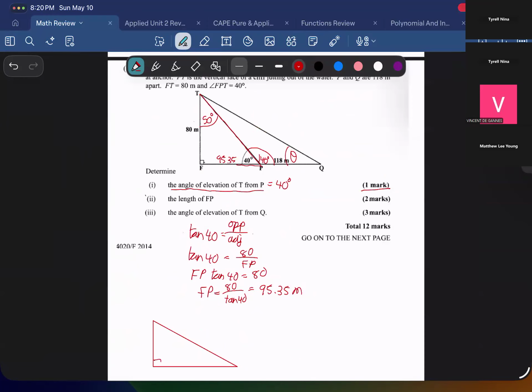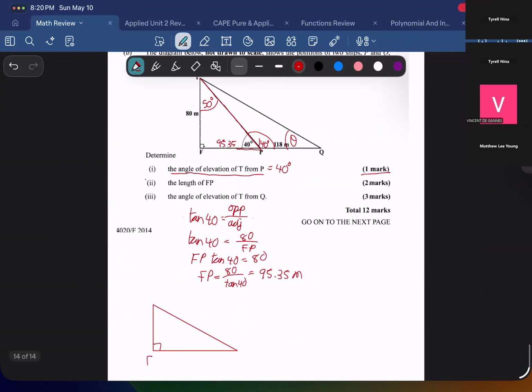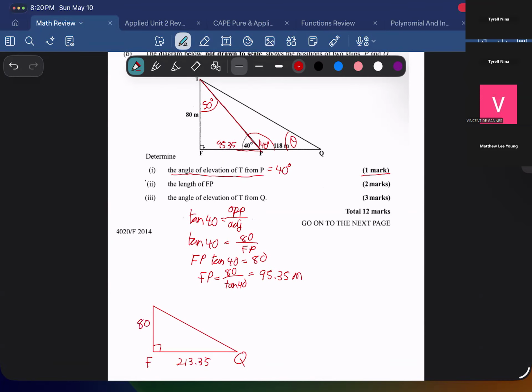So, this right angle, FQ is 95 plus 118, so we know this is 213.35. We know the height is 80. And we want this angle here, theta.